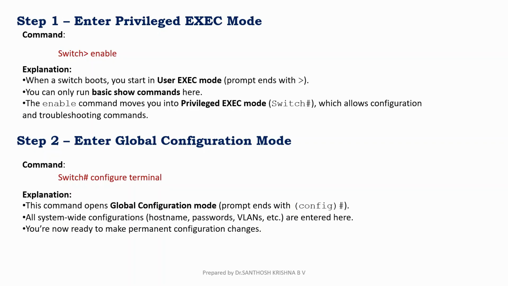Then from the privilege execution mode, we should go to the global configuration mode. Only in global configuration mode will we be able to configure the switch. The command is very simple: configure terminal. These are the two commands which are common for any exercise. First, we need to go to enable. Then it is configure terminal.